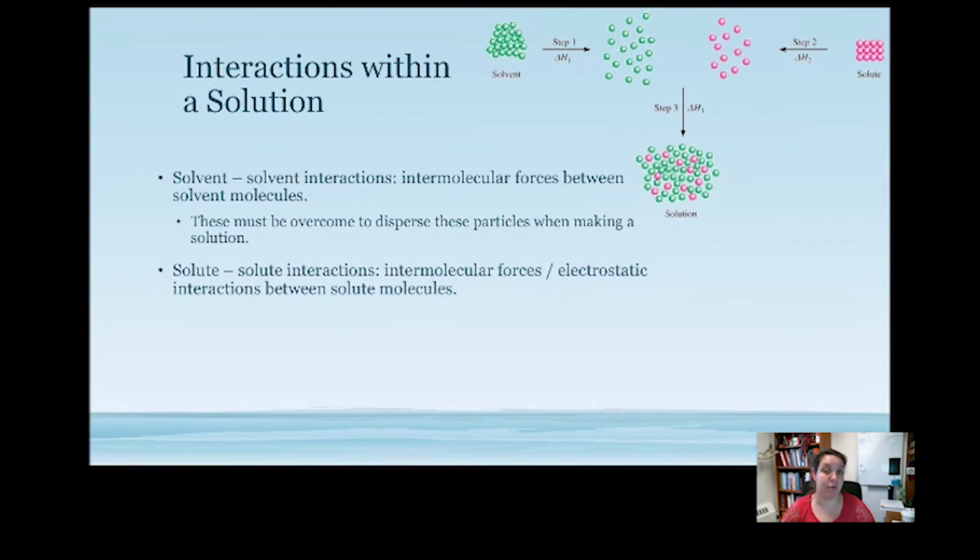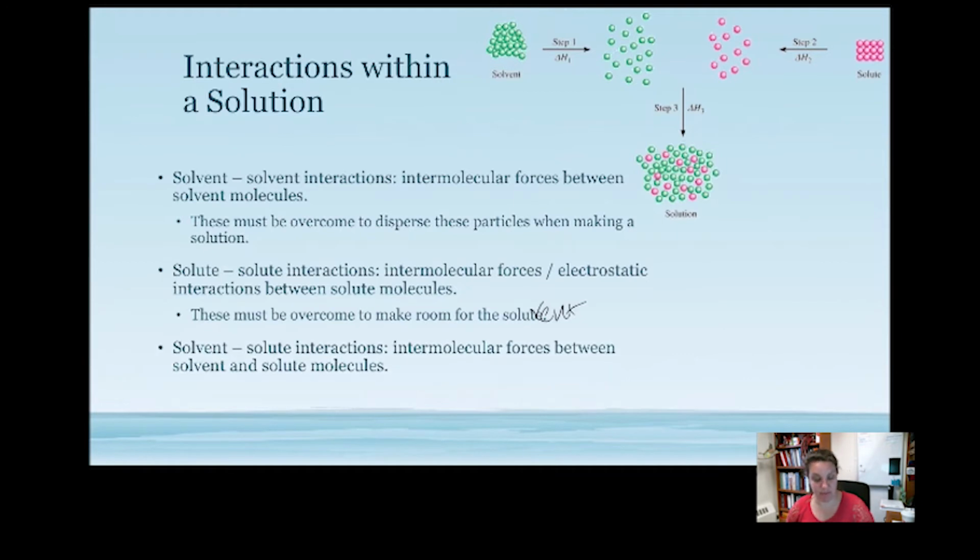This could be intermolecular forces or electrostatic interactions such as ionic bonds. And these also must be overcome in order to make room for the solvent. Lastly, we've got our solvent-solute interactions that will form after mixing, and these are going to be intermolecular forces between our solvent and our solute molecules. These interactions occur as the particles mix.